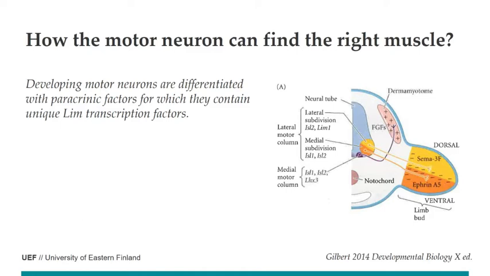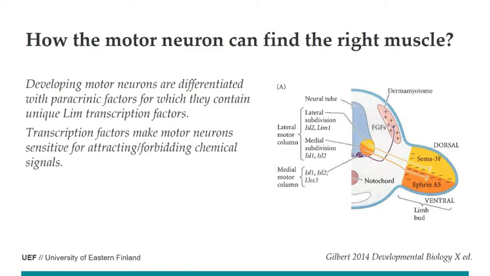And because there are different areas, they have received different kinds of paracrine factors during their development. This causes them to have different transcription factors that affect what kind of proteins exist. And because there are differences in what kind of proteins these motor neurons have, they sense different kinds of attractive and forbidden chemical signals.